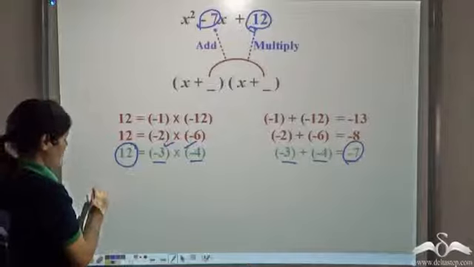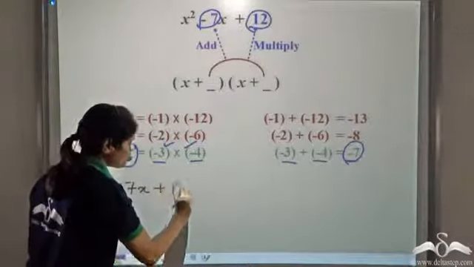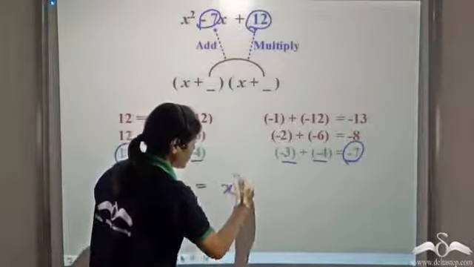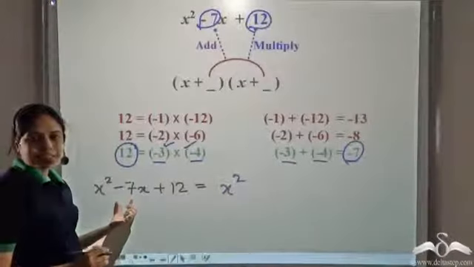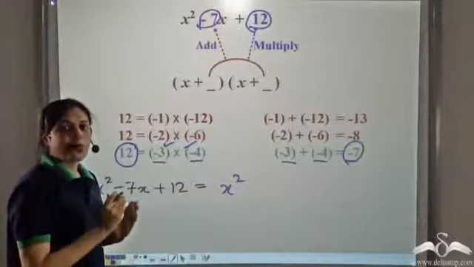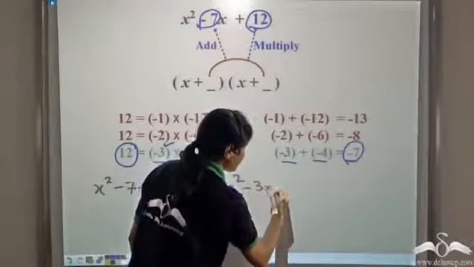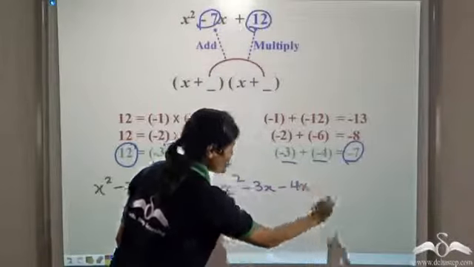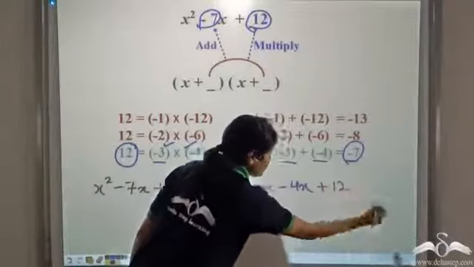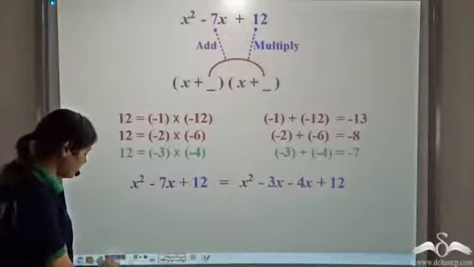Now x square minus 7x plus 12 can be written with minus 7x equal to minus 3x minus 4x, and plus 12. Now factorize this by grouping.